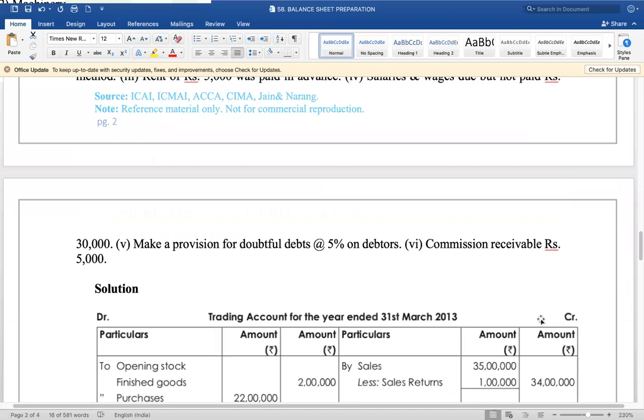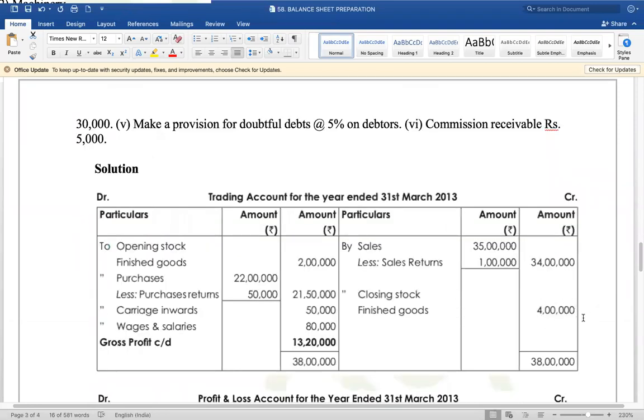So whichever is low, it is 4 lakhs. We take that. So 34 plus 4, 38 lakhs. And look at this, 2 plus 2150, 2350, and 2350 plus 50, 2480 is the total of the debit side. The difference is 13 lakhs 20,000.